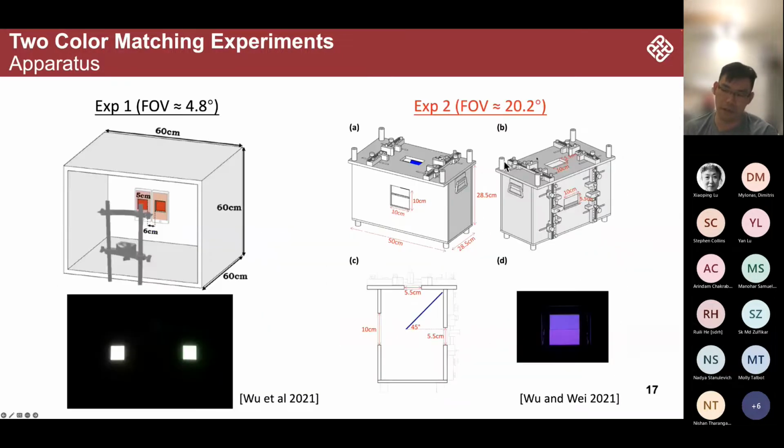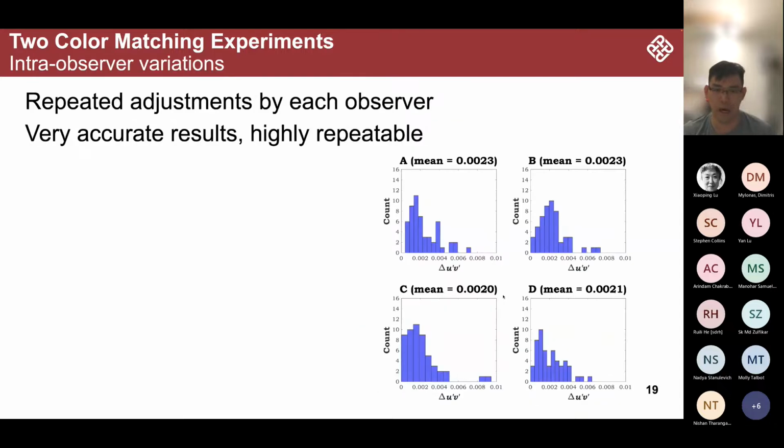So based on this setup, as I said, we made the color match very, very accurate. And as we always do in psychophysical experiments, we introduced repeated adjustments. In other words, for the same reference, we asked each observer to make two matches, and we looked at whether the 2 repeated matches have very similar results.